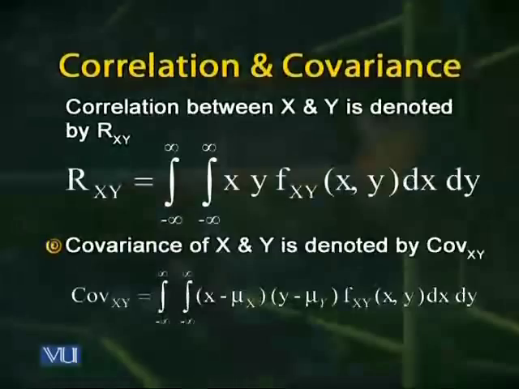The covariance is similar with one difference: instead of using the actual values of the two random variables, we use modified values, and the modification is just by subtraction of the mean values of the two random variables from the values that we are going to use. In other words, covariance is a joint centralized expected value, where instead of using x and y multiplying with the joint PDF, we use x minus mu x multiplied with y minus mu y and then multiplied with the joint PDF.